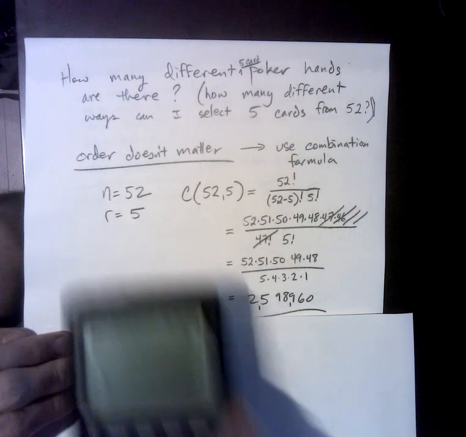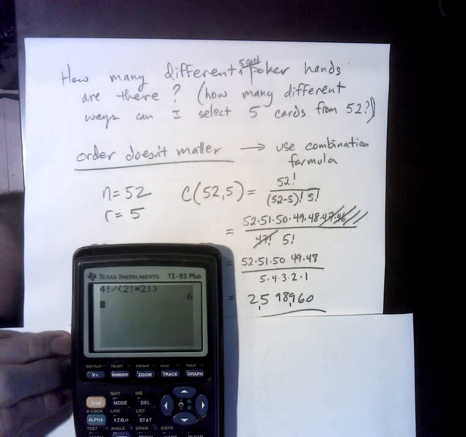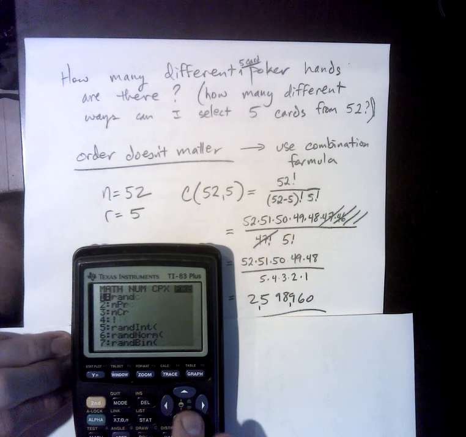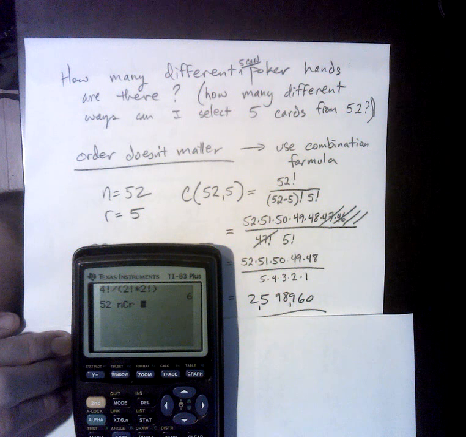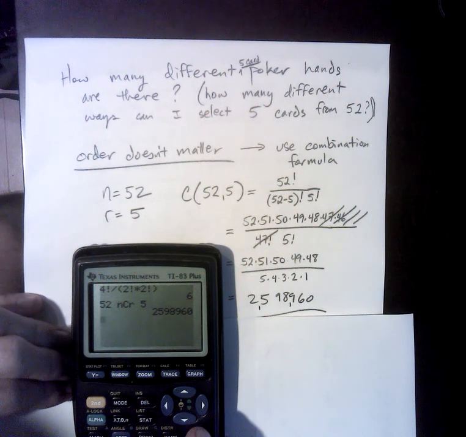Now there's a calculator option here too. 52, go over to the probability menu, but this time use the nCr, that stands for combination. Combination of 5 from 52, 2,598,960. Just a way to simplify, speed things up.